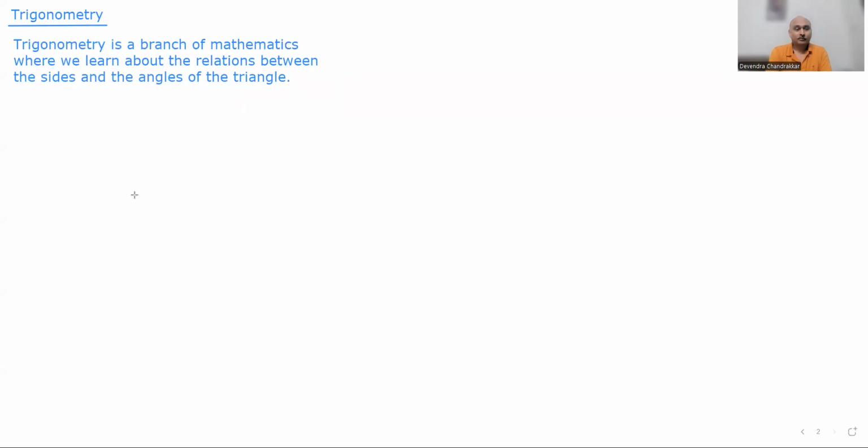So let's draw this right angled triangle.